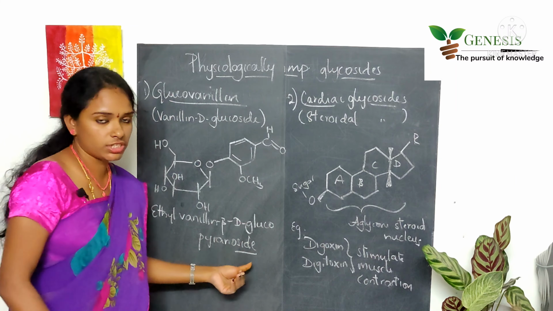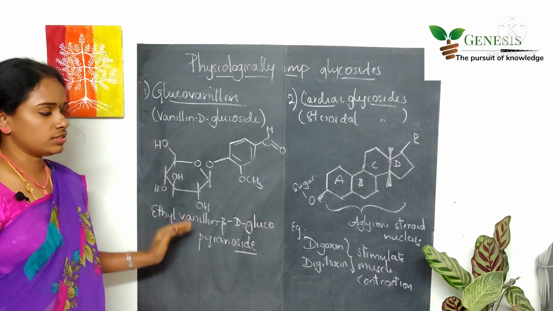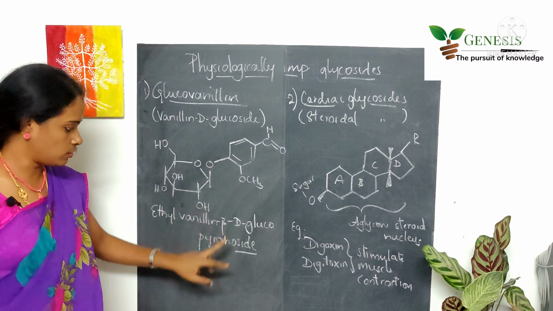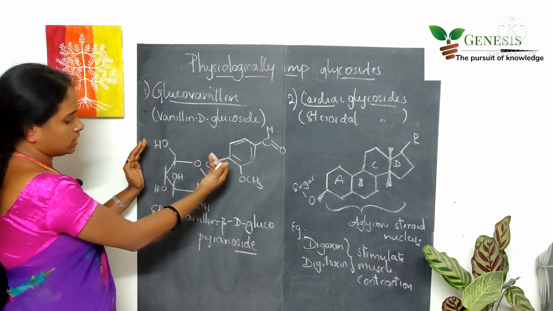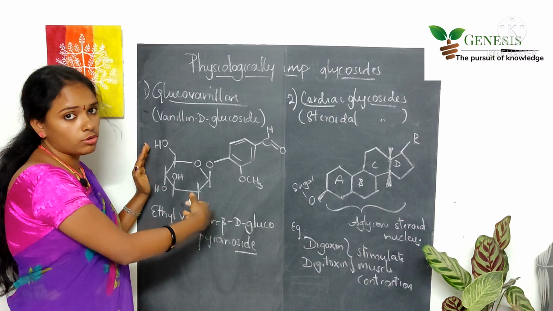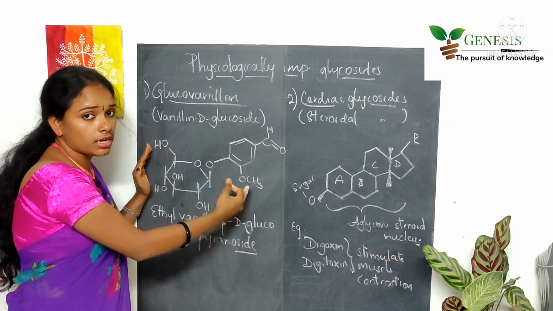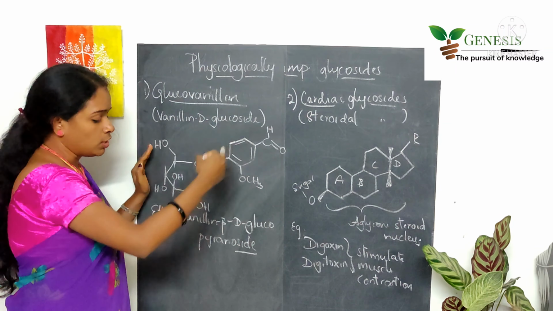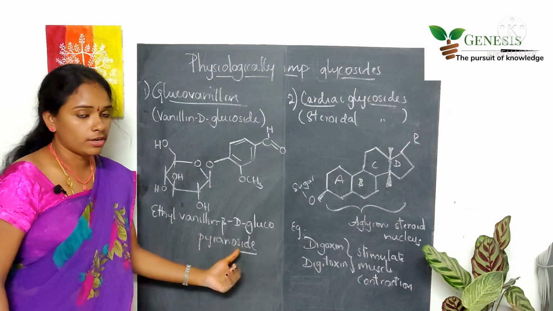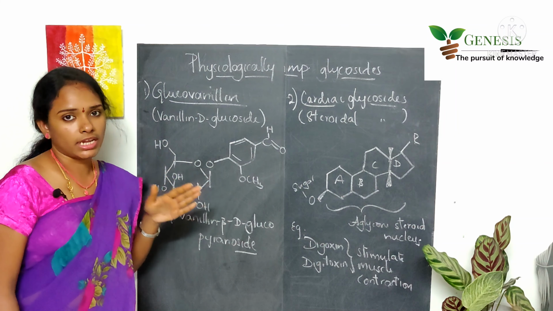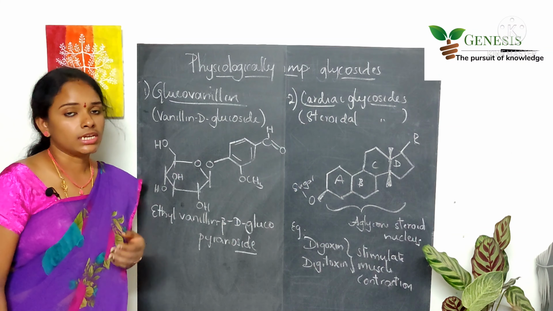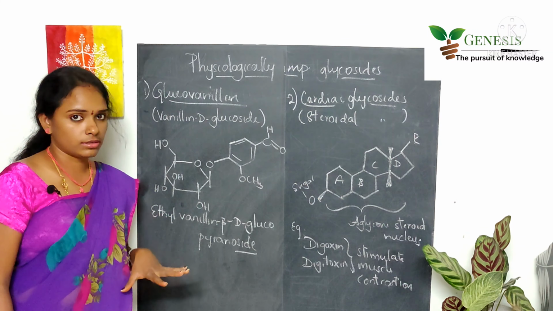When we say the suffix -side, it is nothing but a glycoside. Otherwise, if this were the only structure, it would be called beta-D-glucopyranose. Since it is forming a glycosidic bond with this compound, we finally give the name pyranoside. Glucovanillin is a natural substance which imparts vanillin flavor.